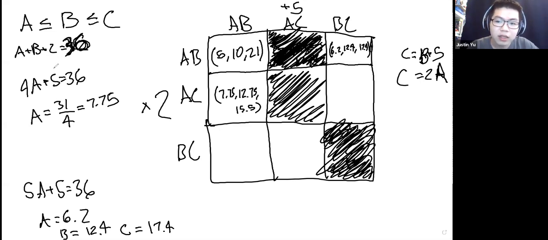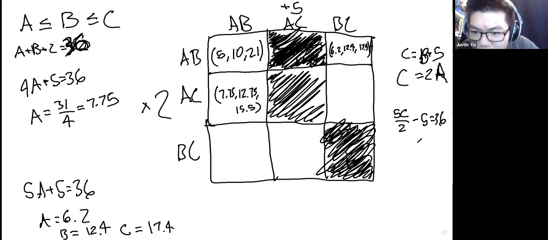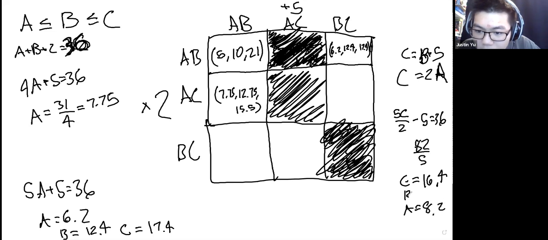So that's going to be 5C over 2 minus 5 is 36. So 41, so 82 over 5, what is that, 16.4? A equals 8.2, B equals 11.4. That's another one.